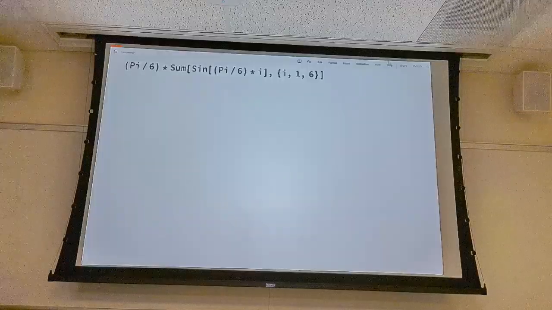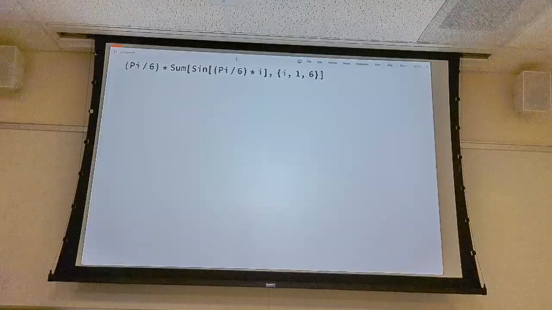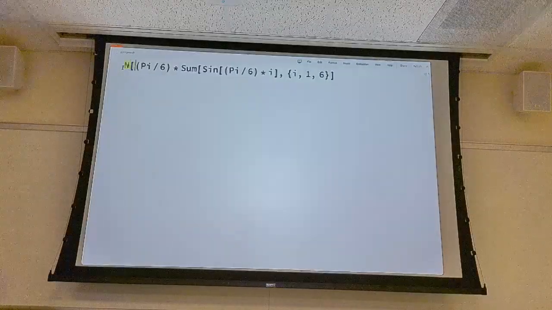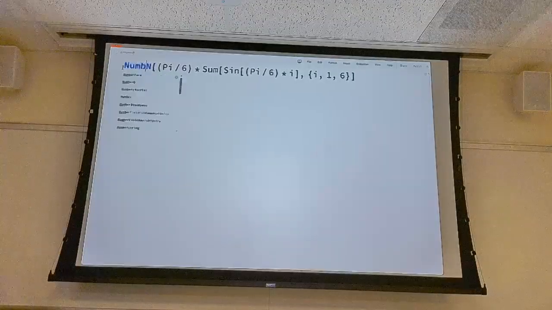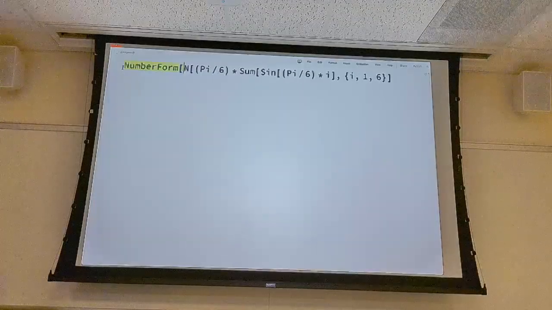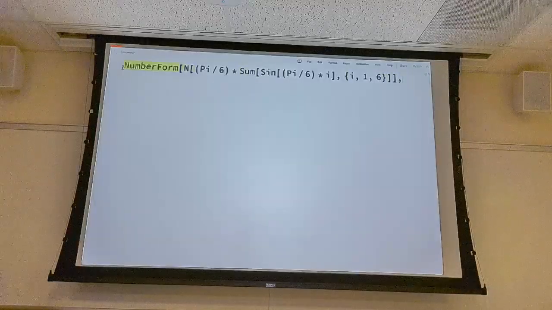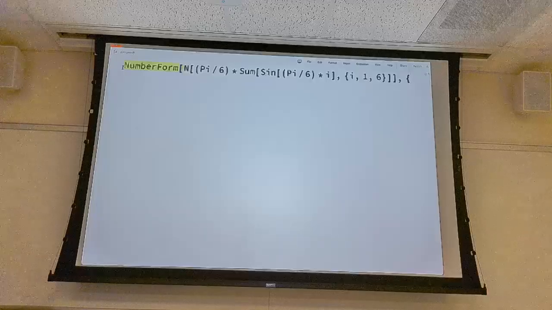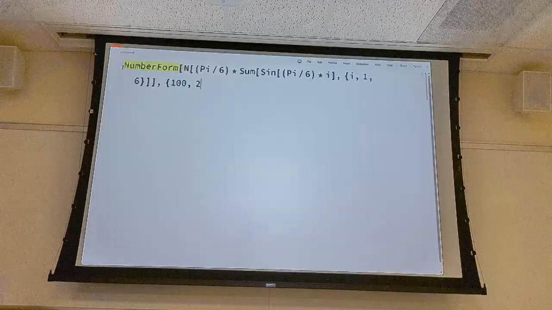Now again, it's going to give me an exact value. So let me just... I only want 2 decimal places.